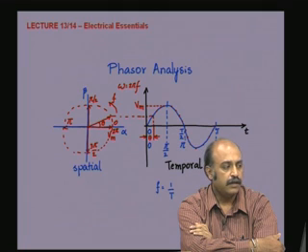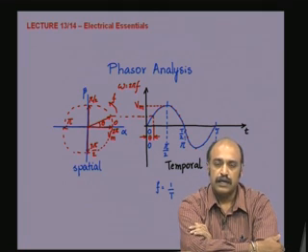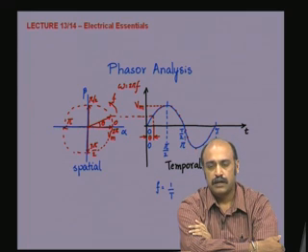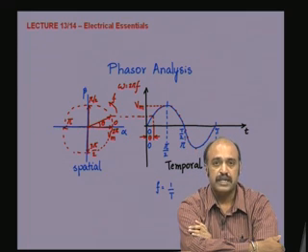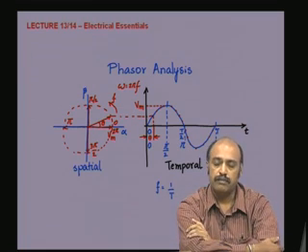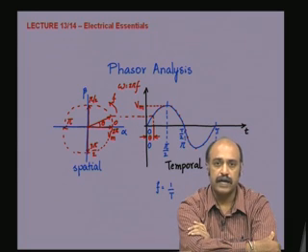Then lectures 13 and 14, as I said, the electrical circuits and equipment have a graphical representation also. You have a mathematical representation in the form of equations. You also have a graphical representation in the form of phasor diagrams.